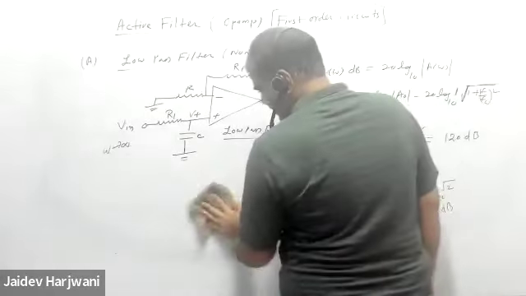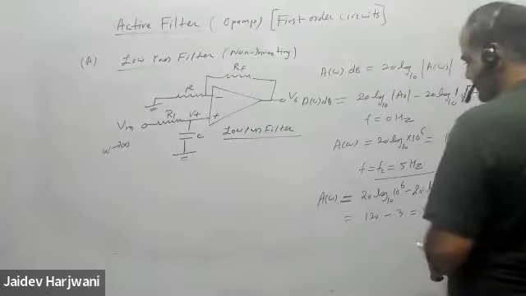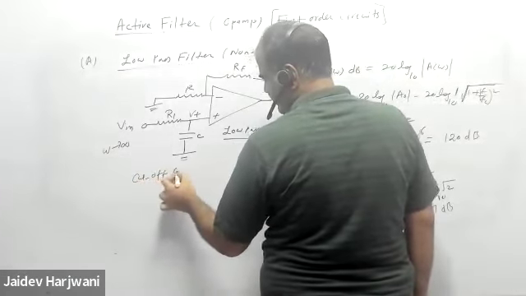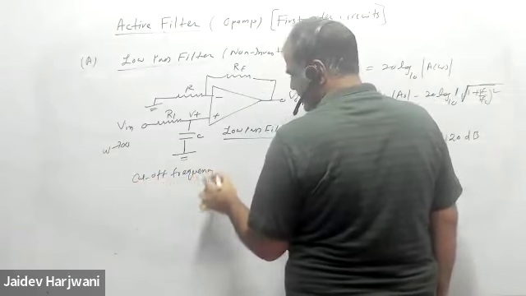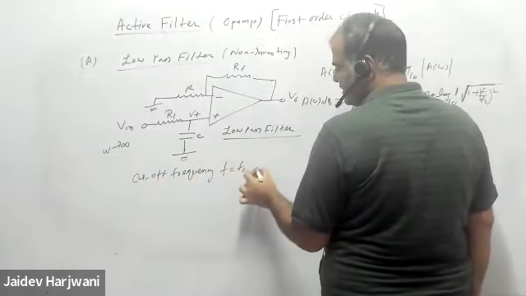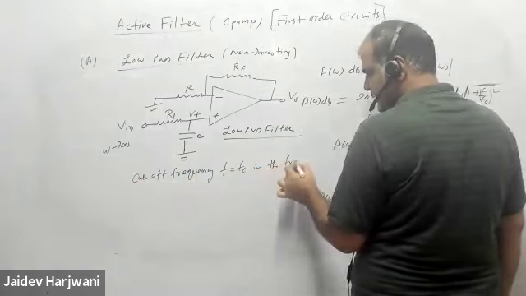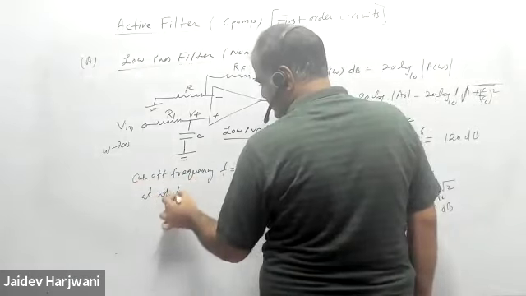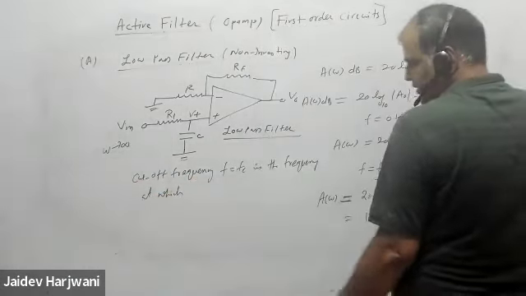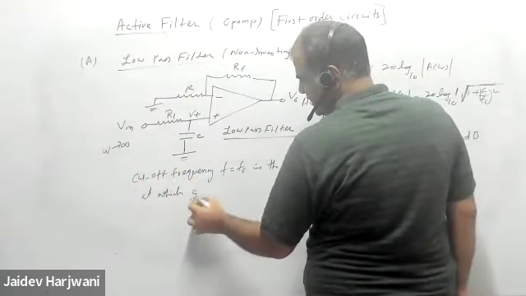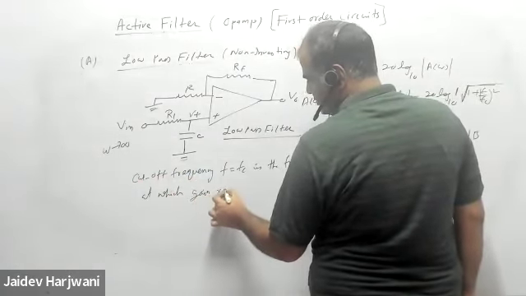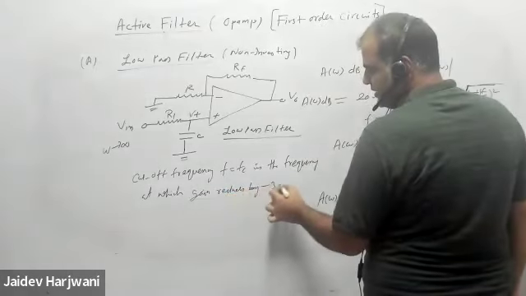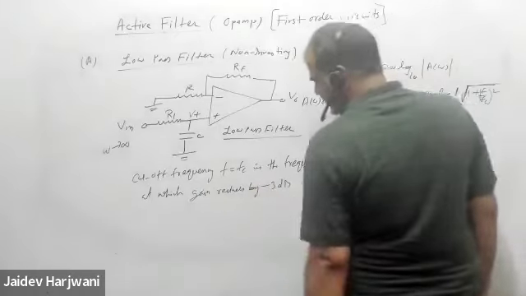The cutoff frequency f equal to fc is the frequency at which gain reduces by minus 3 dB, or loses 3 dB.